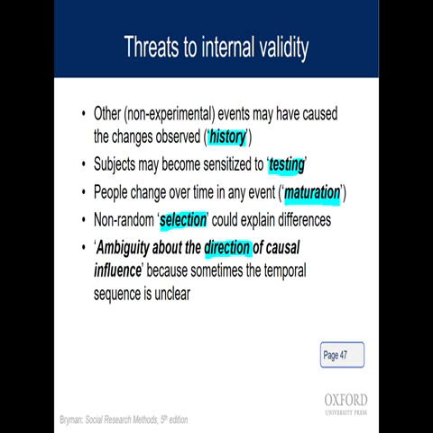This is ambiguity about the direction of causal influence, because sometimes the temporal sequence is unclear. What they're saying is that you don't always know what changed first and what changed second in an experiment. In this experiment, it's pretty clear what the direction of the relationship is, what's happening first, because the teachers are told right up front at the beginning of the study, hey, in the experimental group, these students are really sharp, they have a lot of potential, they're learning really quickly.